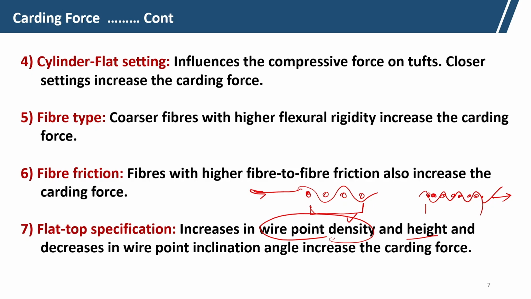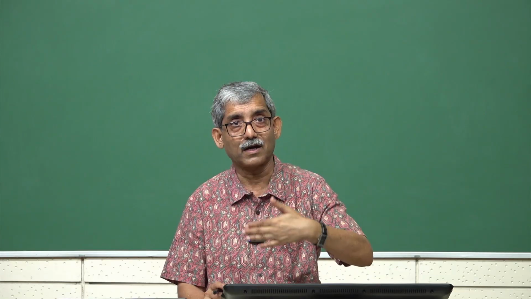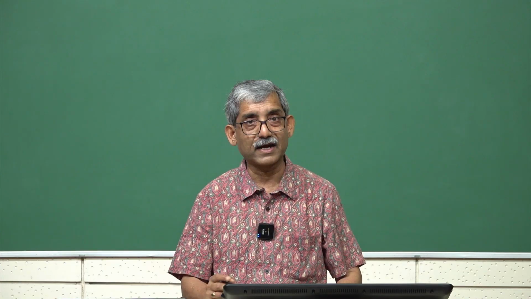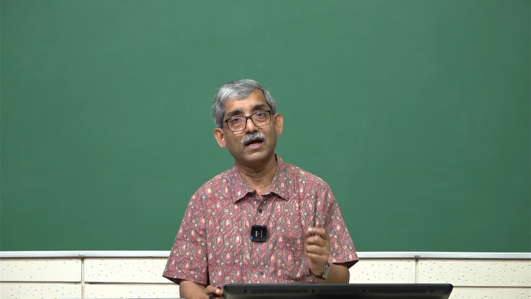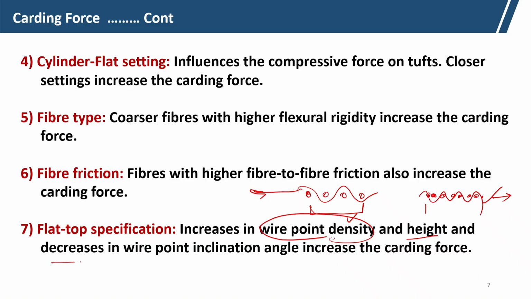Higher height means more penetration of fiber trapped within the carding zone, within the pins, and more penetration means more contact area, and it will have higher carding force, and also decrease in inclination.